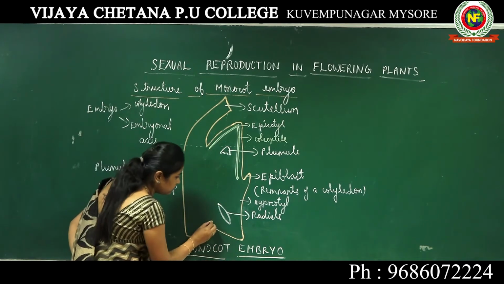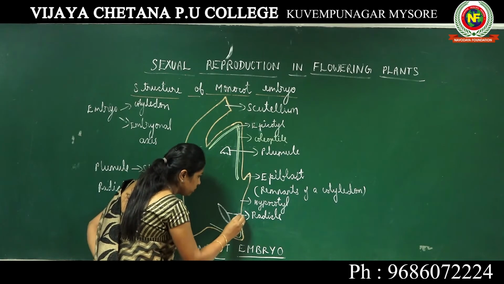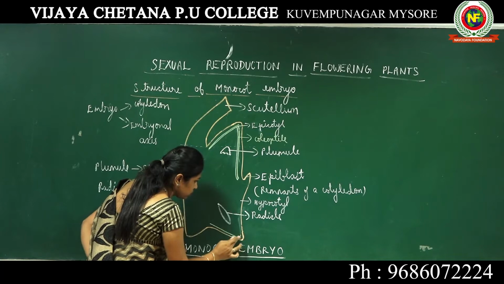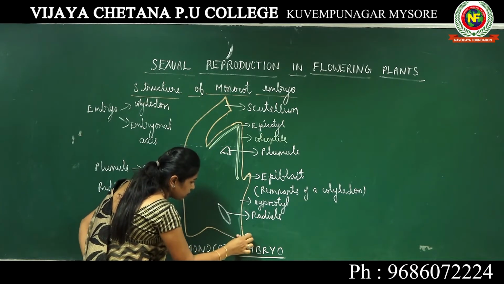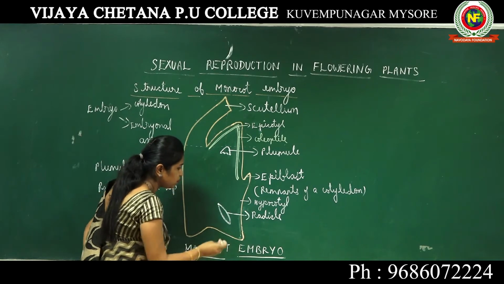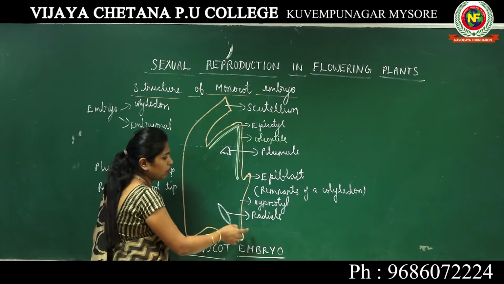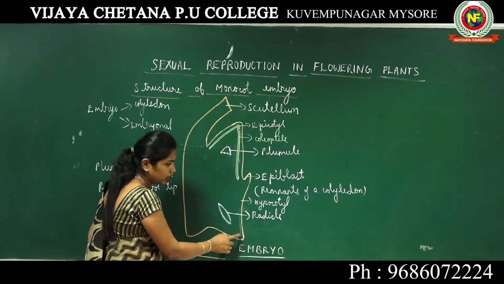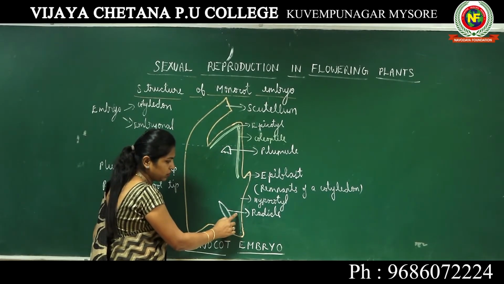Here, this side of the embryo also, we have, now, before explaining that undifferentiated sheath in this hypocotyle region, let me draw one more structure here.